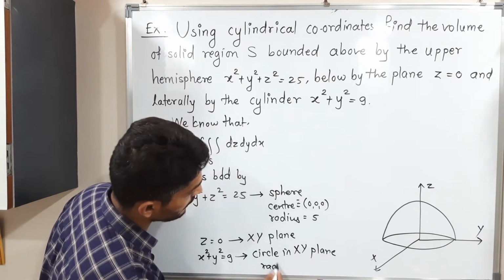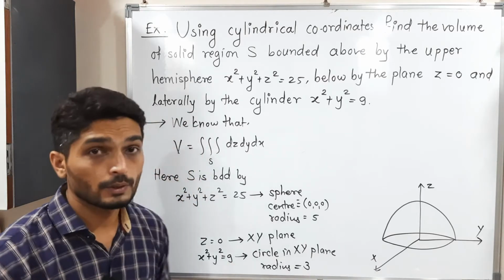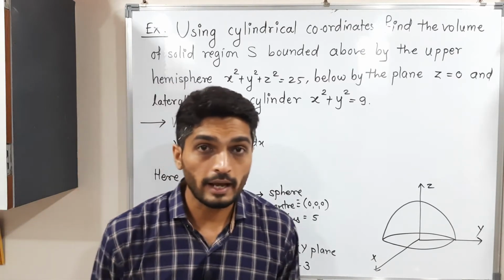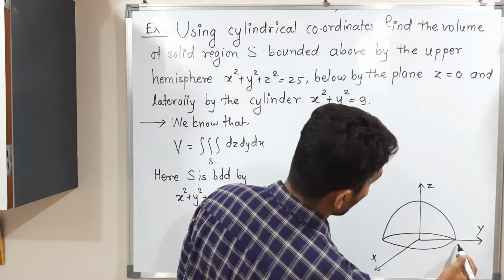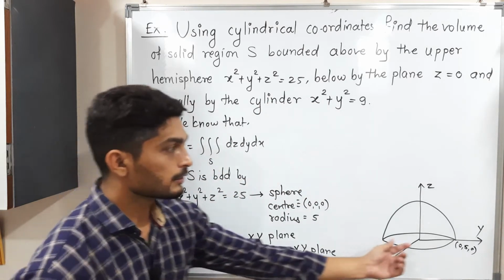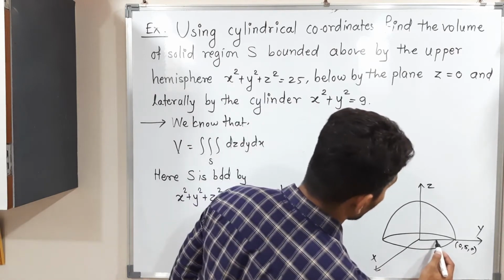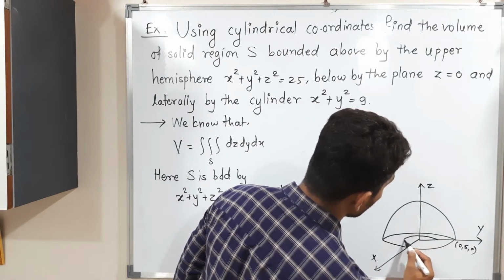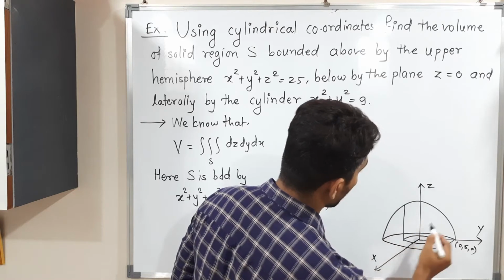And what is its radius? Radius is 3, since 9 is the square of 3. Actually, it's a cylinder having this circle as a base. In the xy plane, the radius of the hemisphere is 5 and the radius of this circle is 3. That means this circle will lie inside the big circle, and so we will have a cylinder like this.